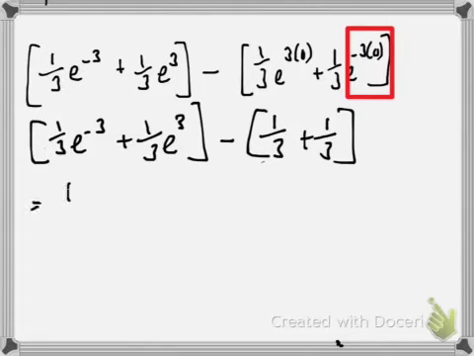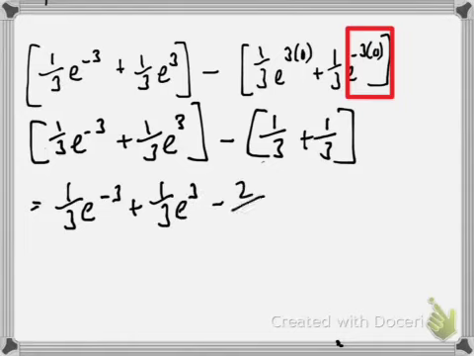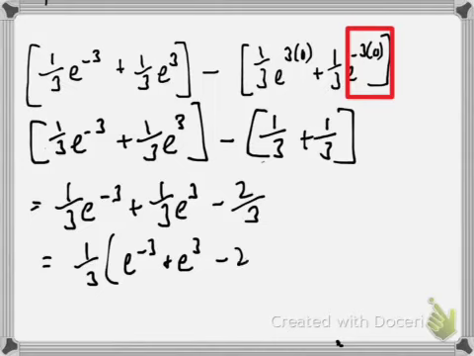So we're going to get 1/3 e to the power of negative 3 plus 1/3 e to the power of 3 minus 2/3. We could, if we wanted to, take 1/3 out as a common factor there, e to the power of negative 3 plus e to the power of 3 minus 2. And we're done.